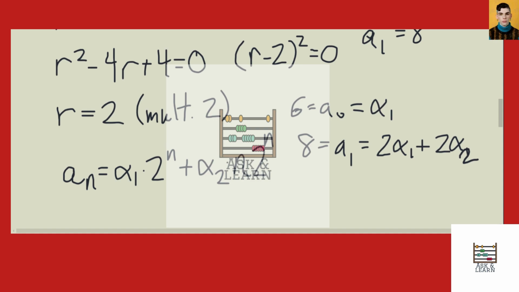And then using back substitution, we have that alpha_2 is 1/2 of (8 minus 2 times alpha_1, which was 6). So we get 1/2 of (8 minus 12), which is 1/2 of negative 4, which is negative 2.